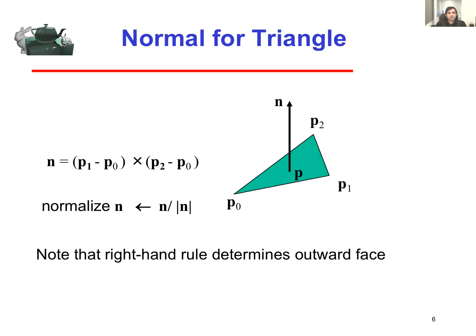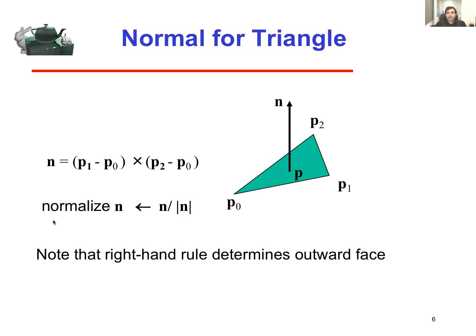Here, we are showing the derivation of a normal for a triangle. We are picking two vectors on this triangle, for example, this vector and this vector. We find the cross product of these two vectors, and that will give us the normal vector, and then we divide the normal by its size, and that would be the normalized normal vector.